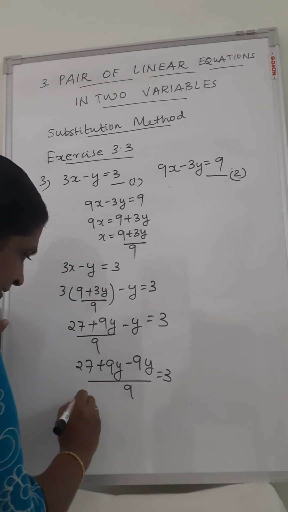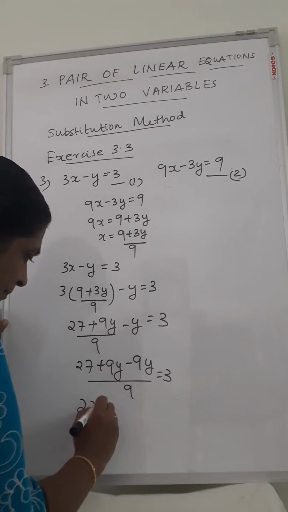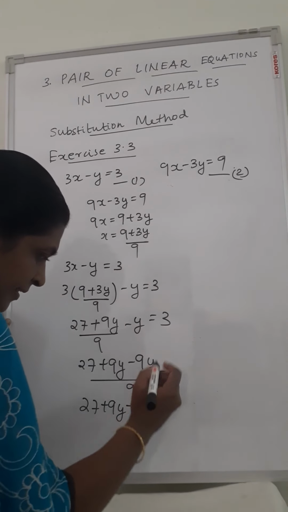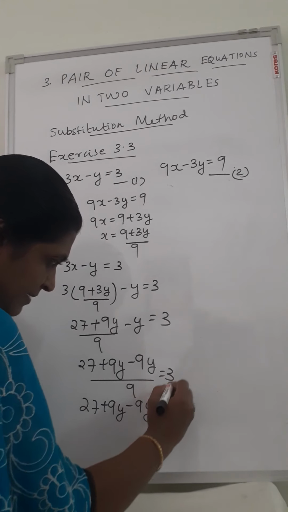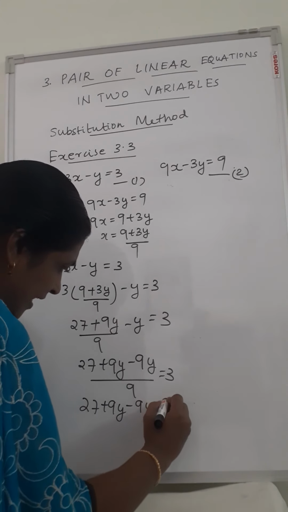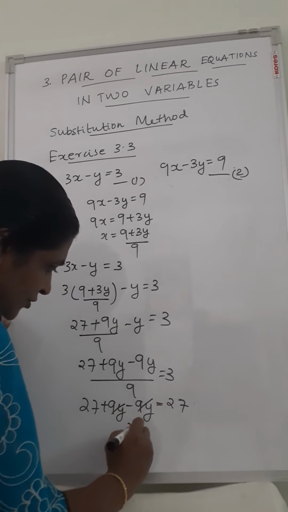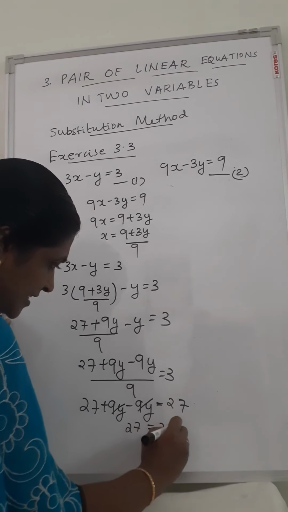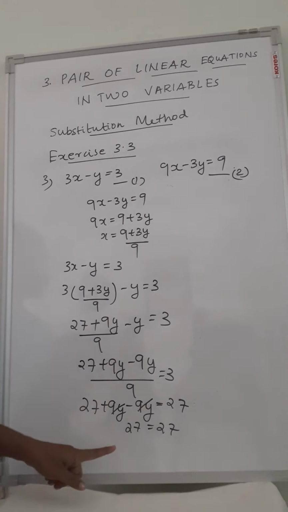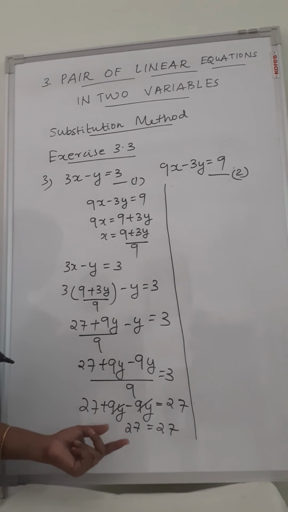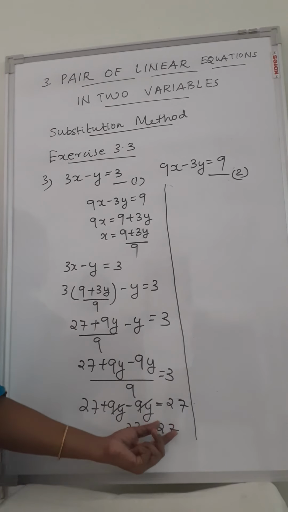That is 27 plus 9y minus 9y is equal to, cross multiplying, 3 into 9, that is 27. 9y minus 9y cancels, then 27 is equal to 27. We get 27 is equal to 27.